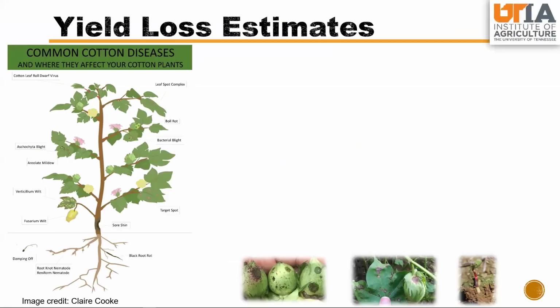So jumping into our last crop is our cotton. And here I'm just going to talk about initially where cotton diseases can attack the plant. Similarly to our other crops, we have below ground and above ground pests, diseases that can affect our bottom line, our yield.